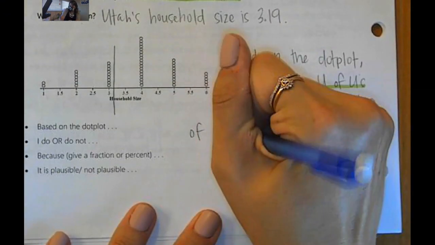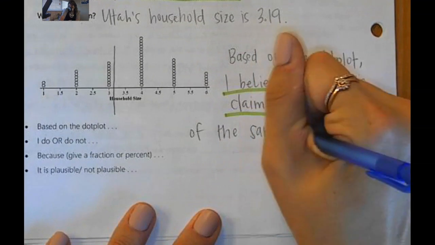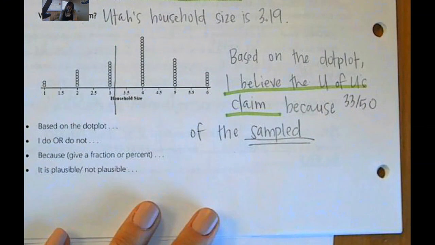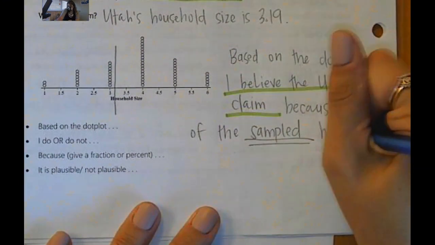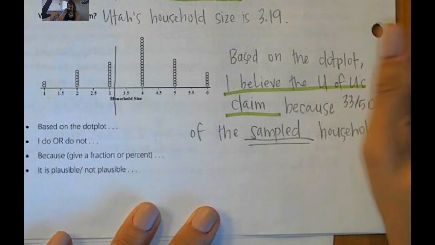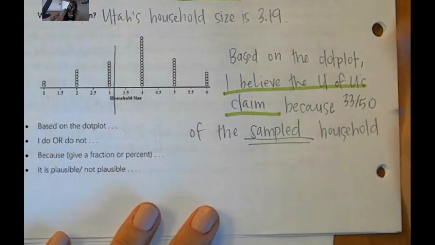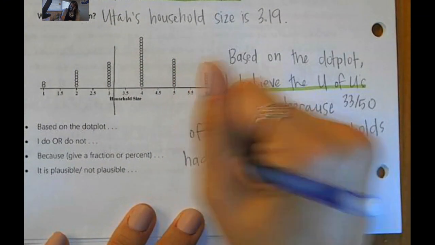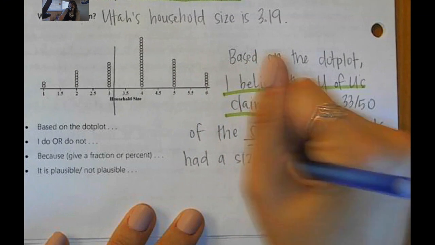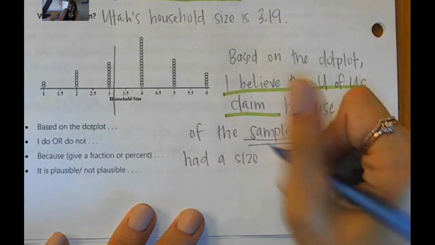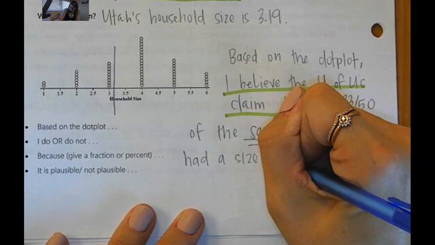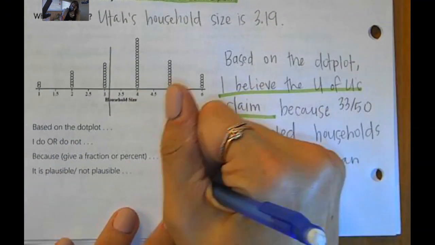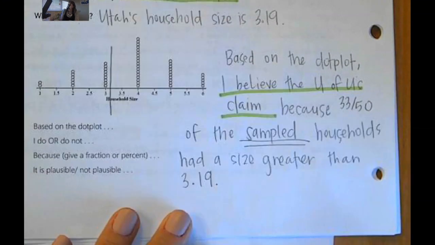of the sampled households had a size greater than 3.19.